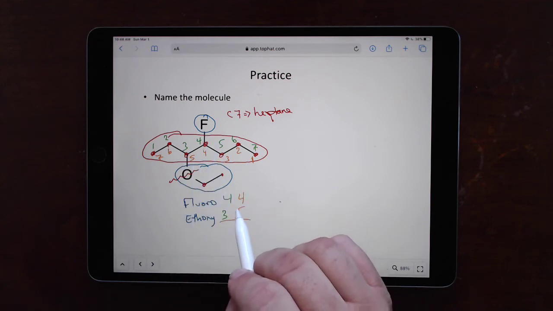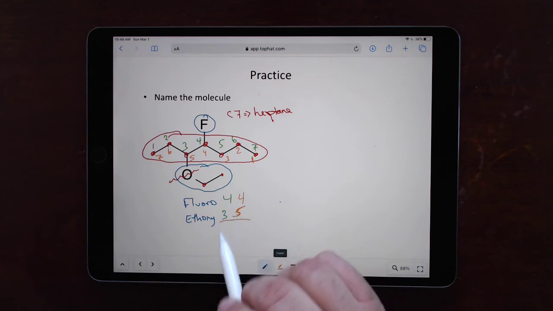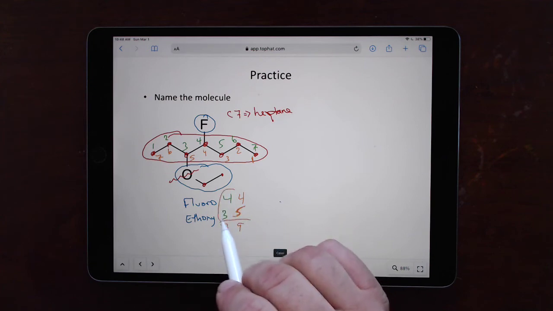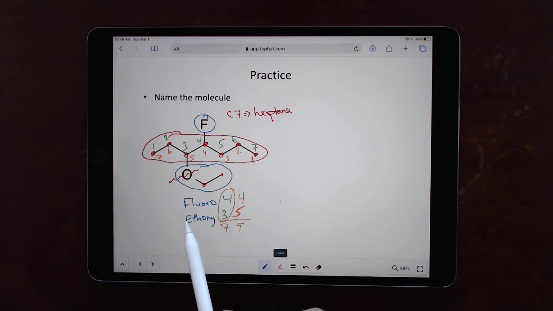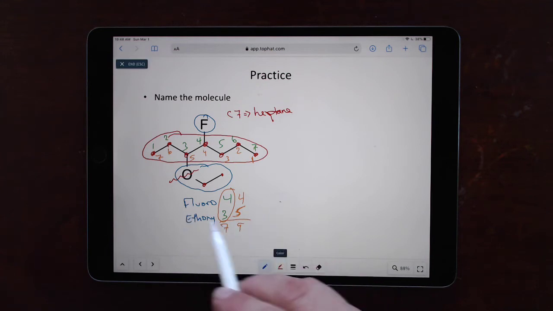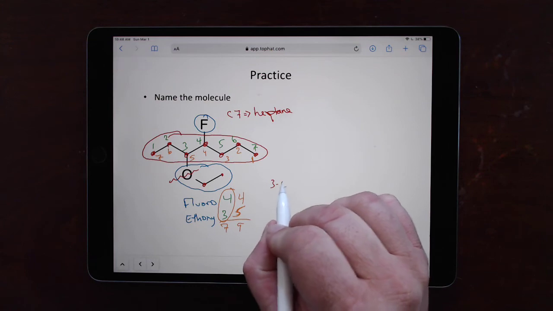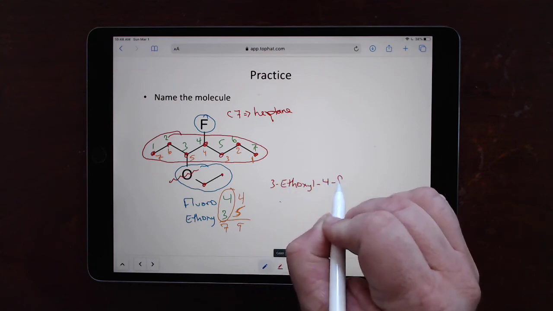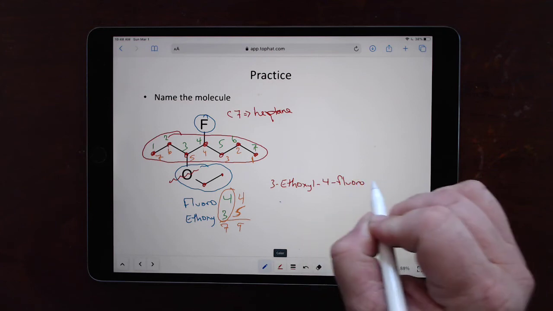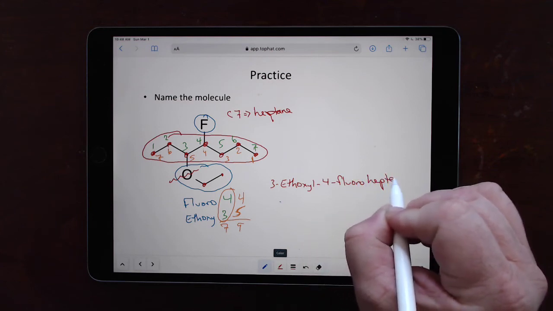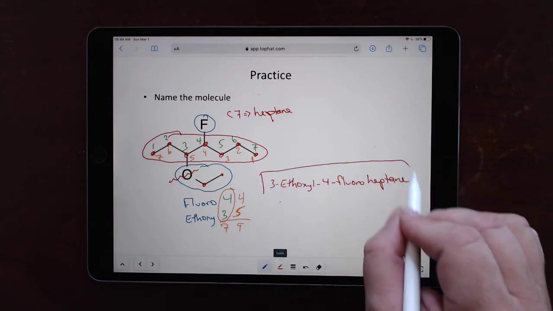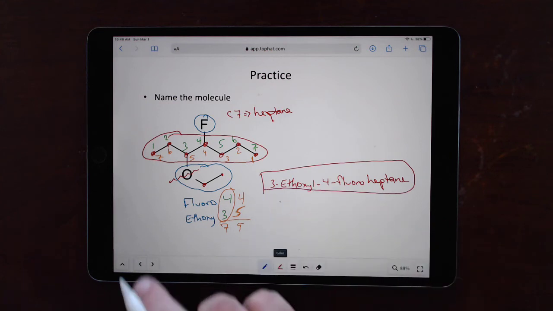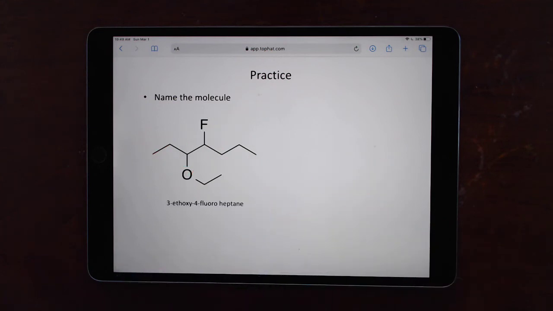So if we add them up, this is 7, that's 9, so we're going to use these numbers here. Now, ethoxy comes alphabetically before fluoro, so it's going to be 3-ethoxy, 4-fluoro, heptane. Like that. Good job.